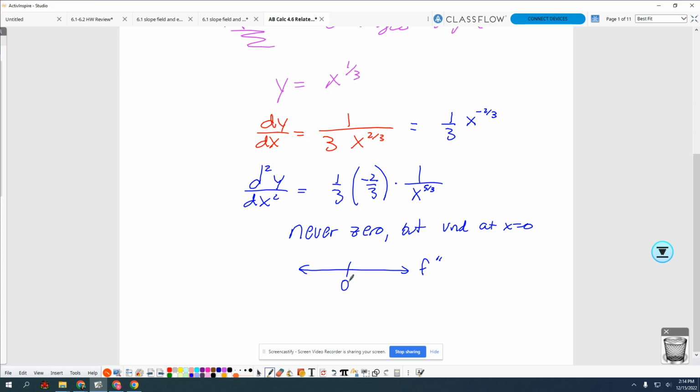It's going to be a negative here and a negative there, which makes positive. Yeah, okay. Now when I put in positive 1, it's going to end up being negative. Okay, so because of this sign change in my second derivative, what does this mean?